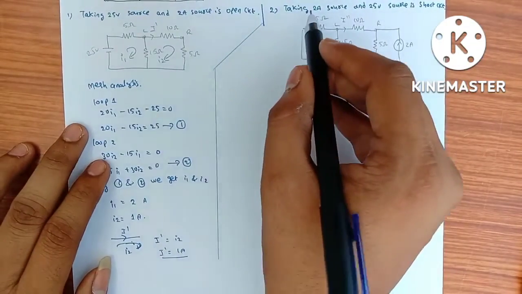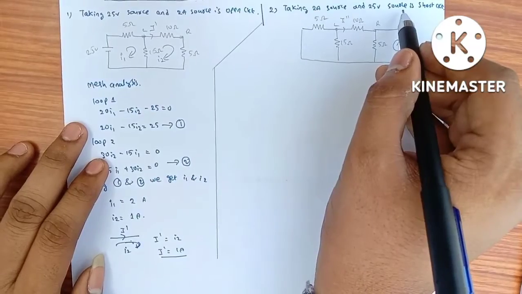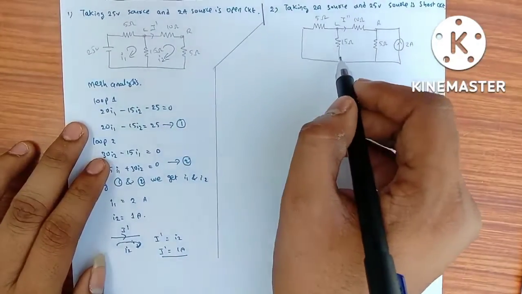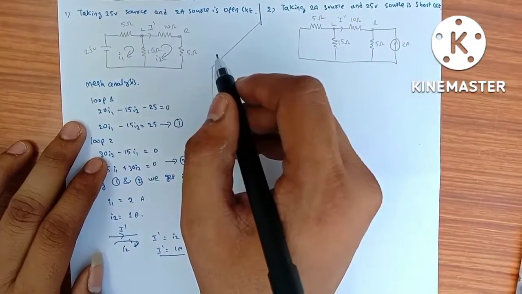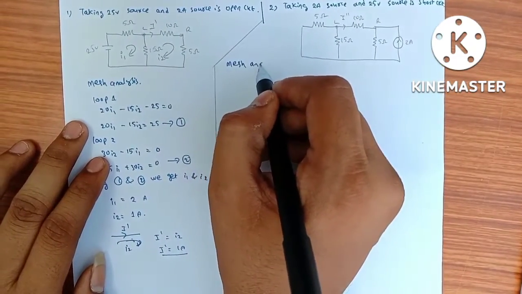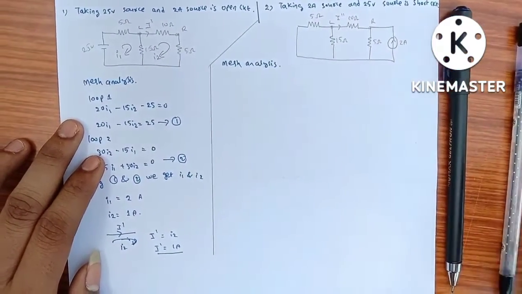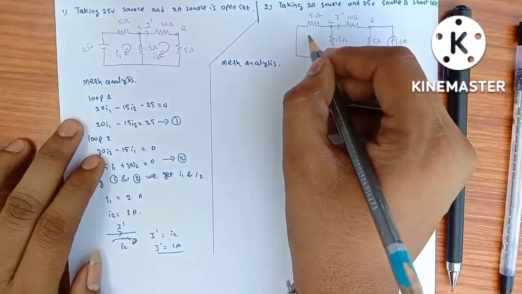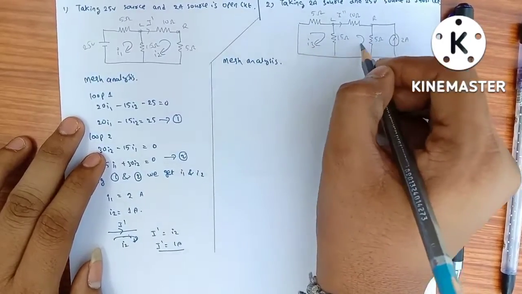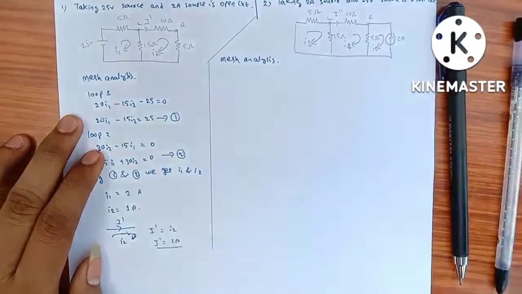So from case 2, taking the 2 amp source with the 25 volt source short circuited, applying mesh analysis, I need loop currents, so I am taking this as I3, I4 and I5.